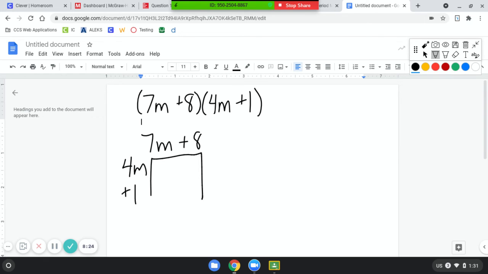So since it's a 2 by 2 and 2 times 2 is 4, I should have 4 boxes on the inside. First, I'm going to do 7m times 4m. So 7 times 4 is 28. And m times another m is m squared. 8 times 4m is going to give me 32m.